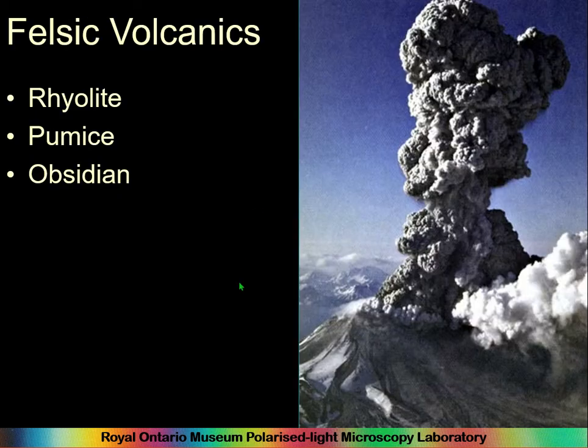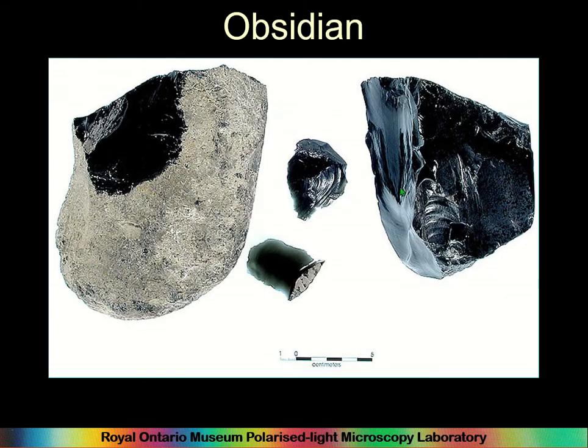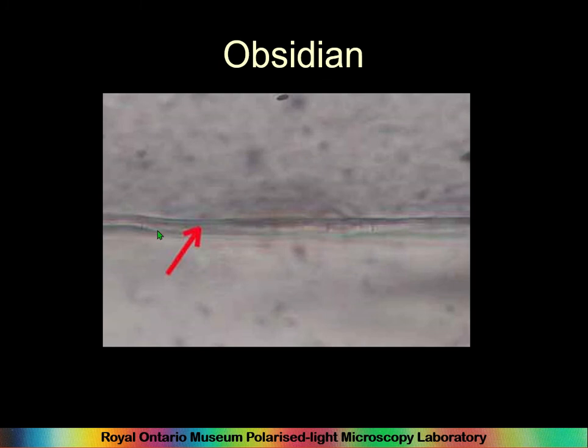So felsic volcanics include rhyolite and pumice and obsidian, volcanic glass. Cools so quickly it can't even crystallize at all. So obsidian, of course, is a very useful archaeological material, thing that people do thin section, mostly to look at the weathering to see how old it is.